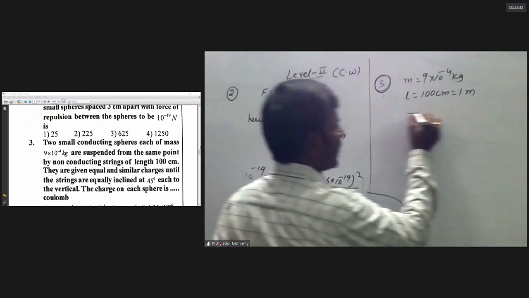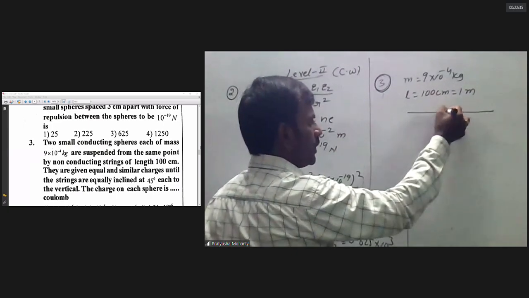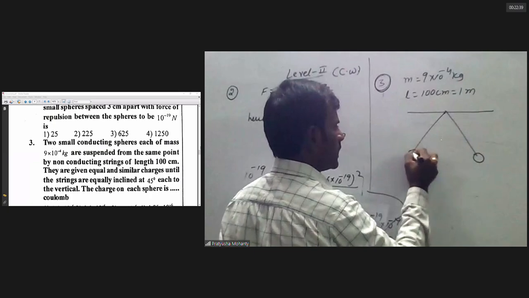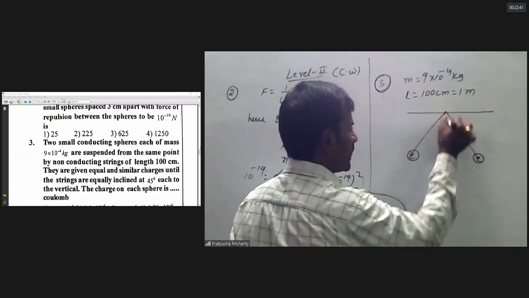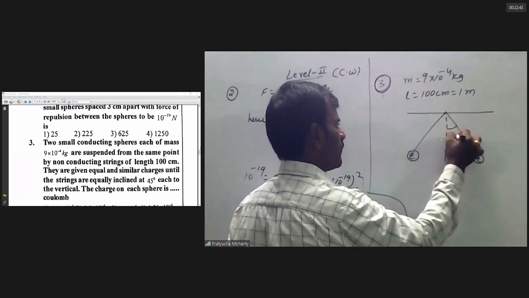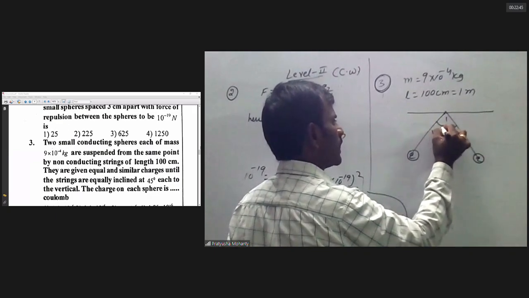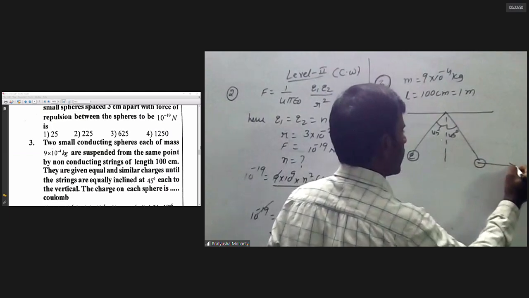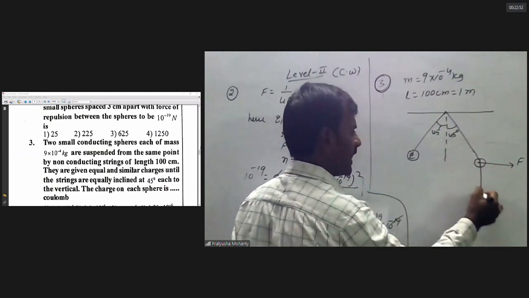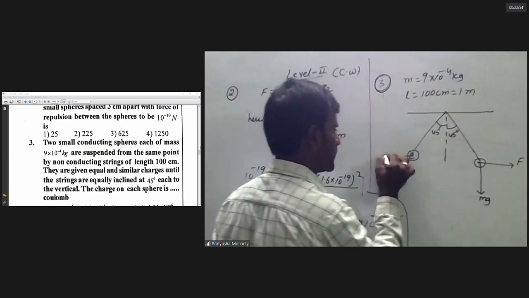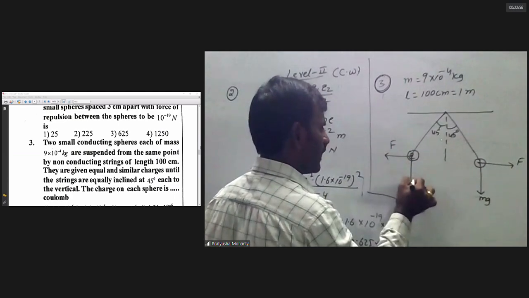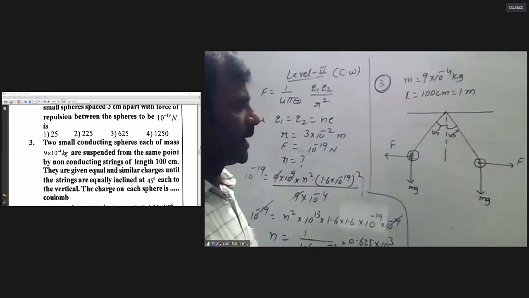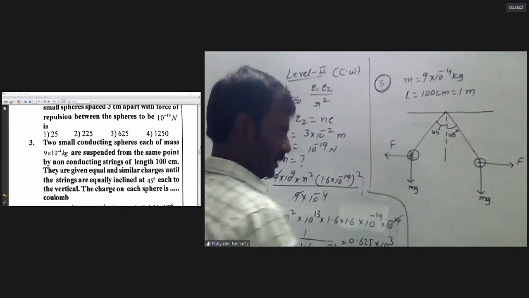See here, all very simple. If you suspend both, generally what happens? These two repel each other, 45 degree, 45 degree. And F is moving upward, but here the weight is acting in downward direction. In both cases, F, and weight acting in downward direction. They ask you to determine the value of what?